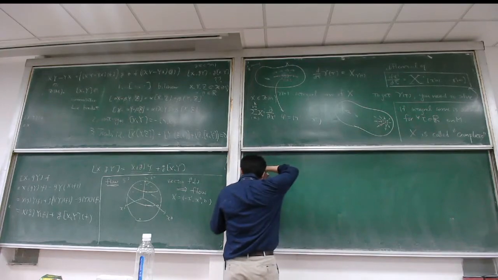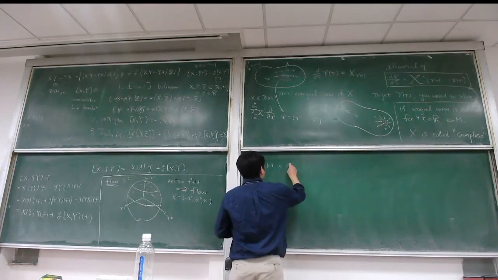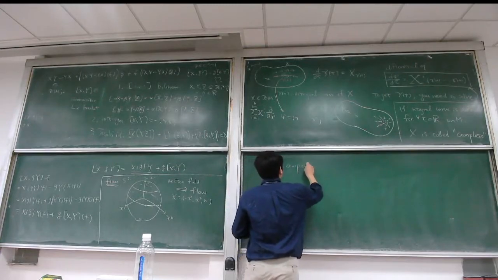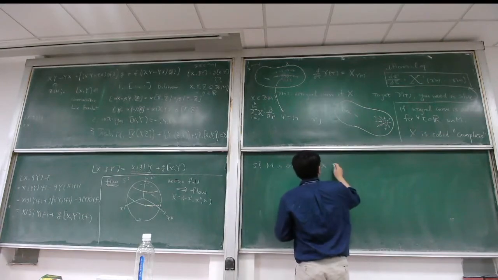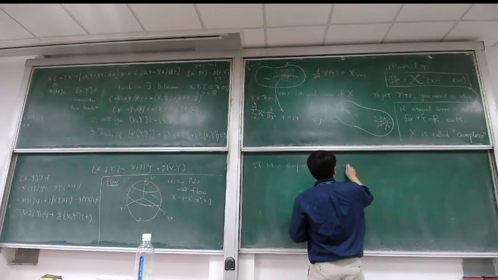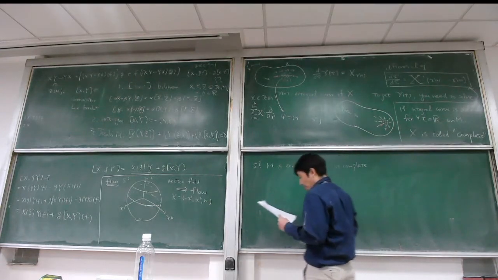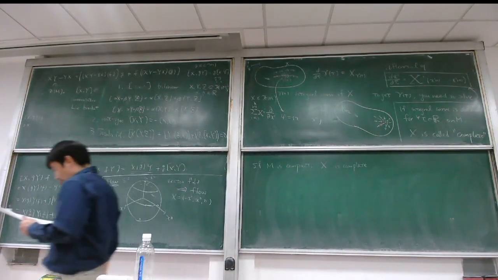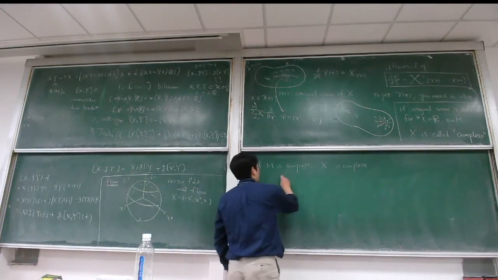The theorem is the smooth vector field is complete. So in this situation, one can define a map gamma.